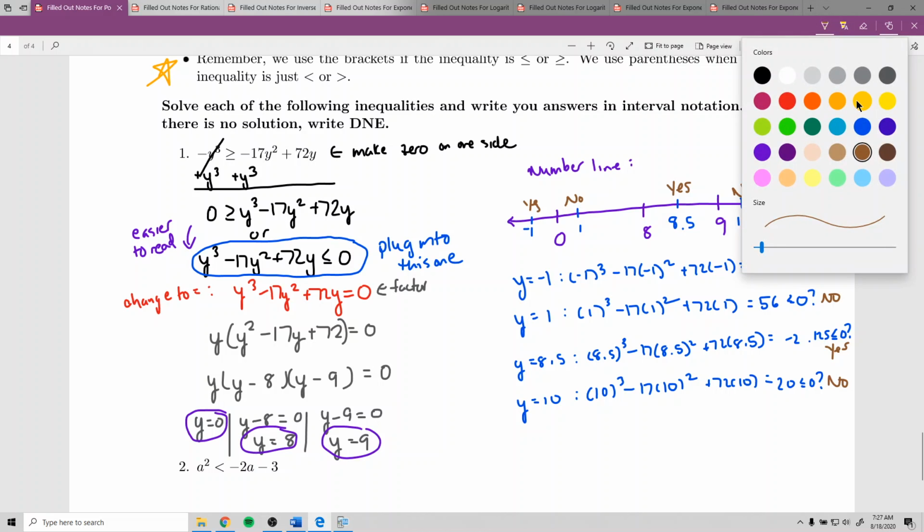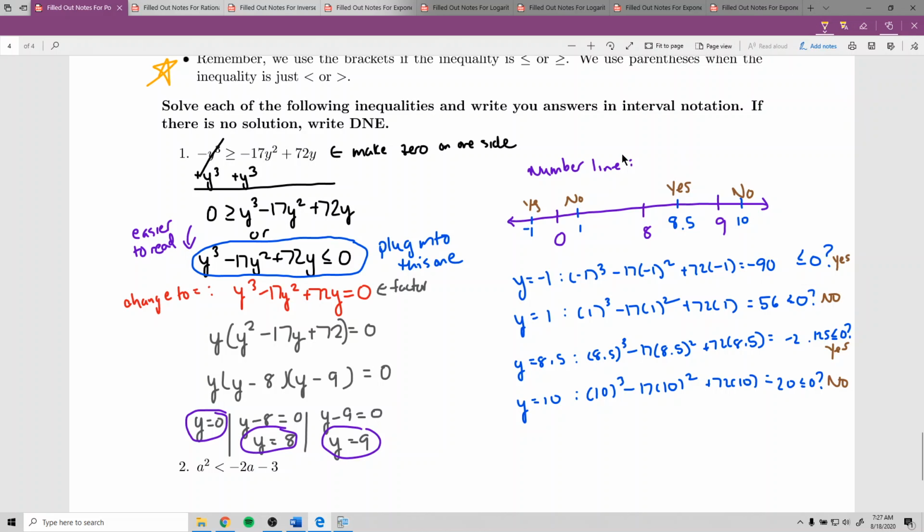All right, so we select or use the yes intervals. So we go back to negative infinity, there's nothing stopping it over here, and up to 0, and then also between 8 and 9. And because we have an equal sign on our inequality, we use brackets, except infinity and negative infinity.